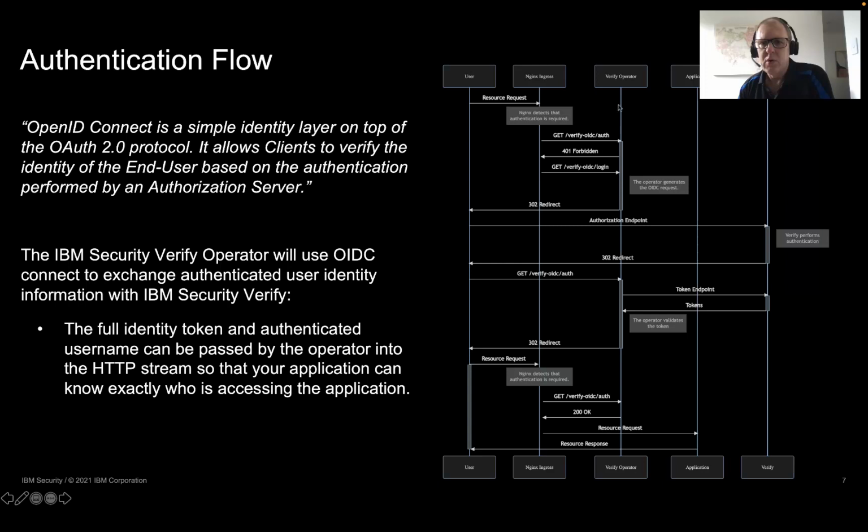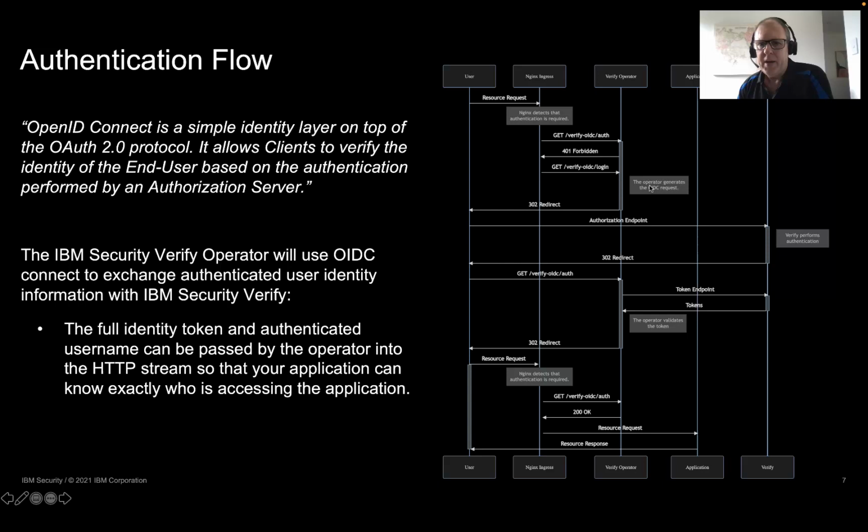This is an internal call to the Verify operator, which in turn will return a 401 forbidden, which in turn will call our login API, which is the thing that kickstarts the authentication process. Now this interaction seems a little bit complex or over the top, but it's just the way that the Nginx ingress operator has been written. But again, the end user won't see any of this.